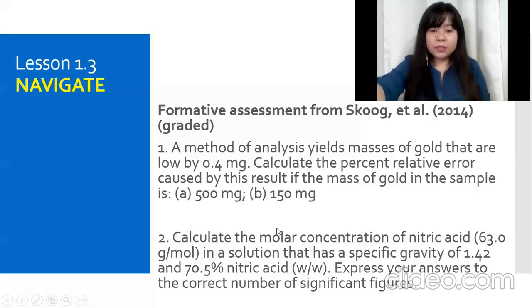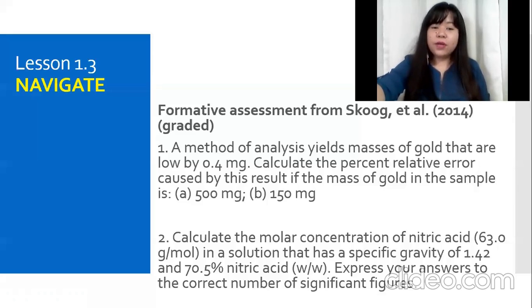This is actually a problem involving conversion of concentrations from percent by weight to molarity. So you can start with 70.5% nitric acid. That means you can express that quantity as 70.5 grams nitric acid all over 100 grams solution.